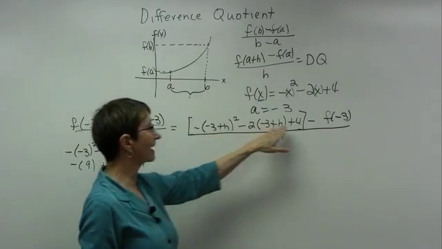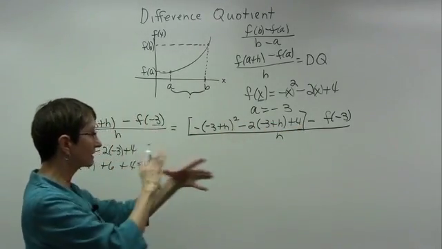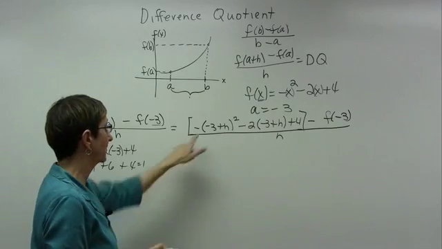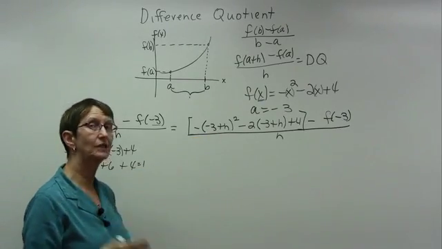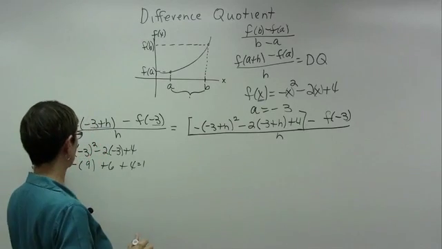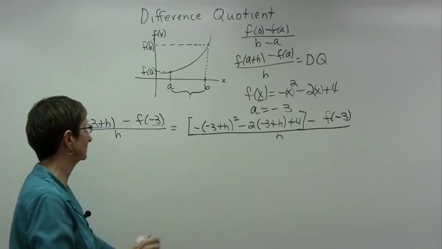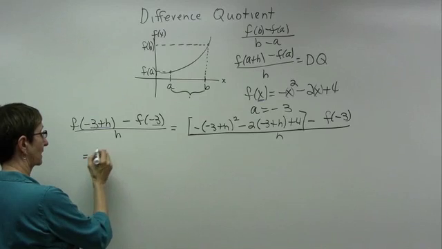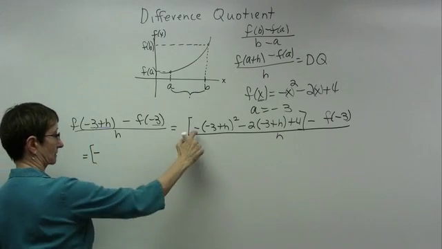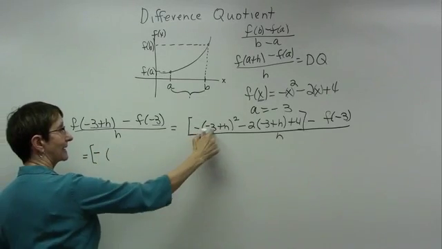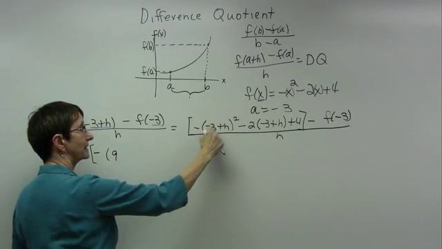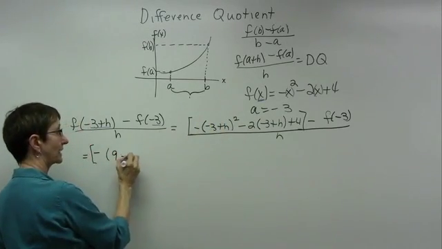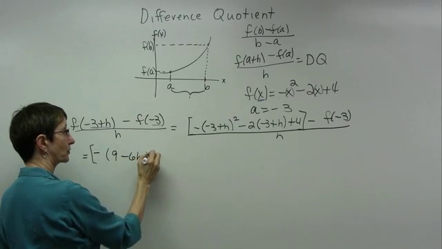Now when I have to simplify this, that's going to take a lot of multiplying out. Negative 3 plus h, squared, is negative 3 plus h times negative 3 plus h. I have a negative in front, and then to do this, I'll have negative 3 squared is 9, and a negative 3h and a negative 3h is negative 6h, plus h squared.